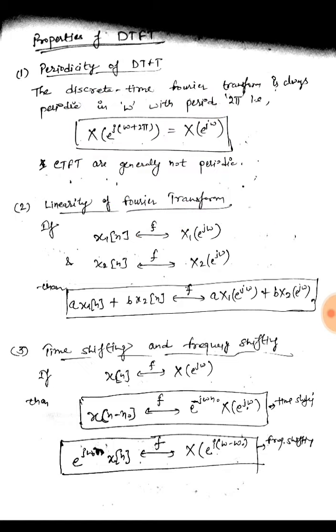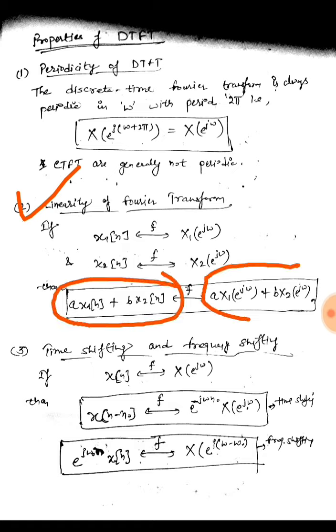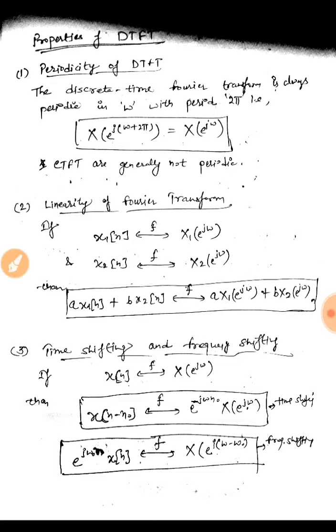Okay, then the next one is linearity, as we saw in the CTFT. Again, if I take the Fourier transform of a linear combination of two signals, it would be the linear combination in frequency domain as well. Okay, third is time shifting and frequency shifting. If I perform shifting in time domain, that is n minus n naught, then a term e raised to power minus j omega n naught will be multiplied in the Fourier transform of x[n].